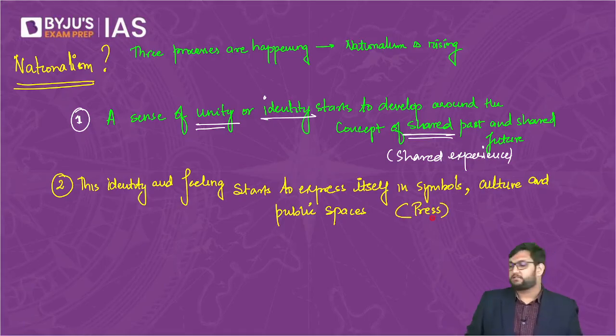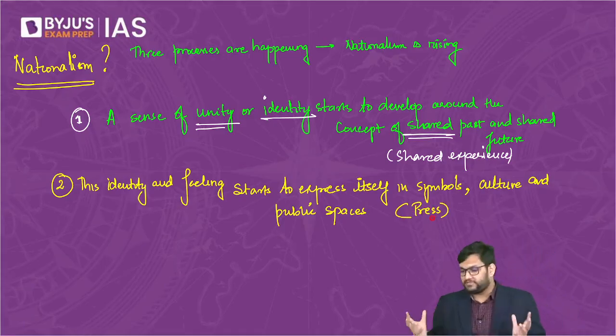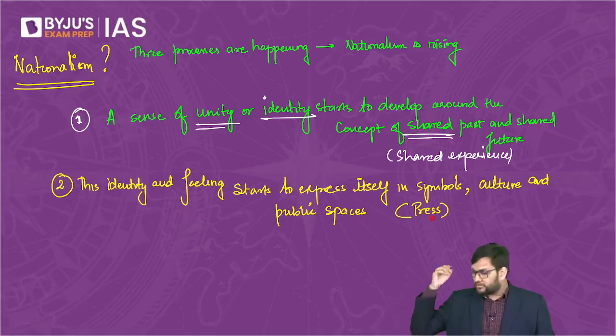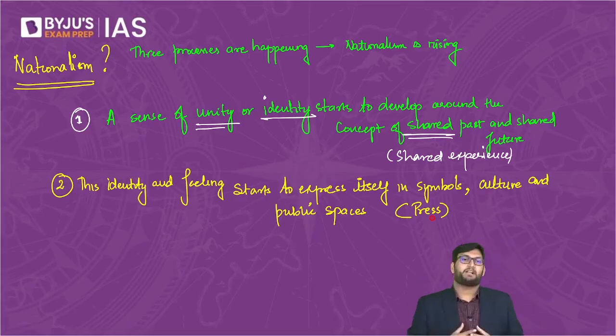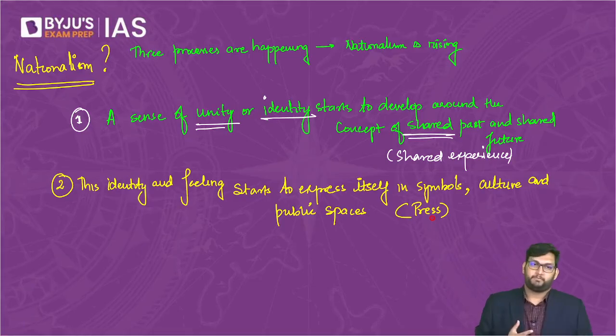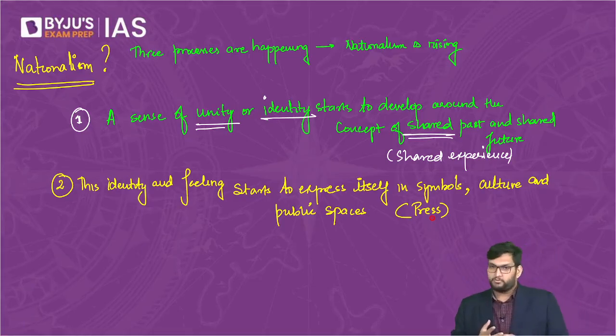Newspapers and journals are the spaces in which they are now trying to talk about we, that the newspaper in South India was talking about the same issues which they were talking about in North India. This is where our identity now starts to get expressed in symbols, culture, and public spaces. Second point clear, because then the third is going to bring everything together. Yes? Very good.